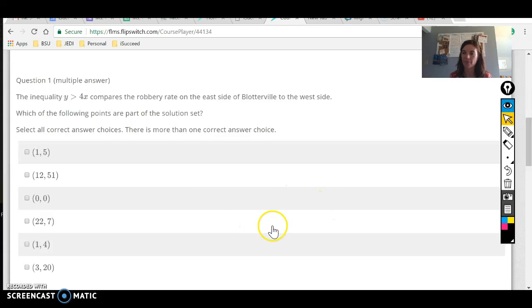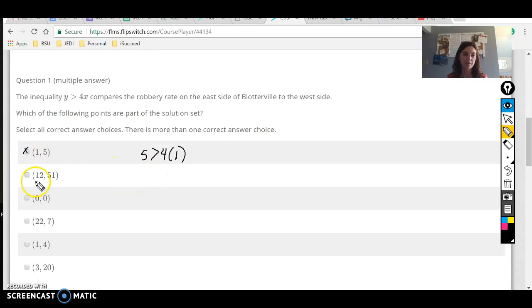So let's see, if I take the first one, for example, I'd have to say 5 is greater than 4 times 1. And that is indeed true, right? So this one will work. All right.